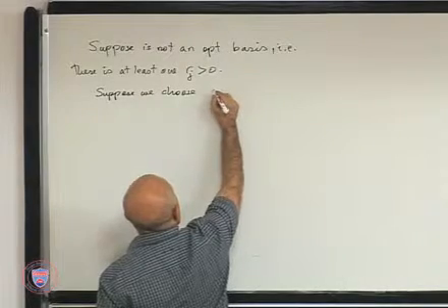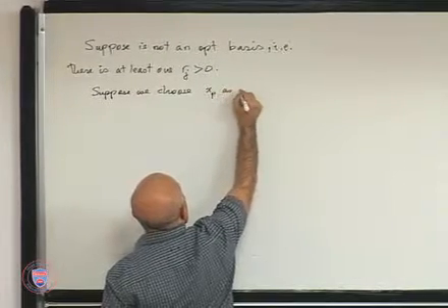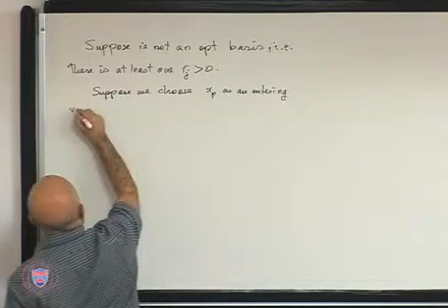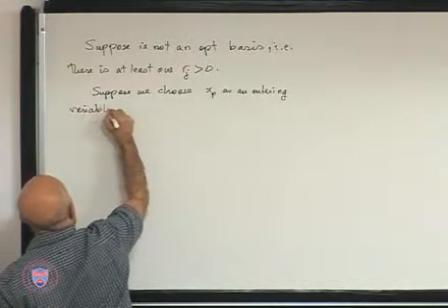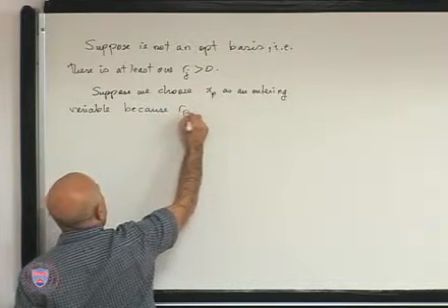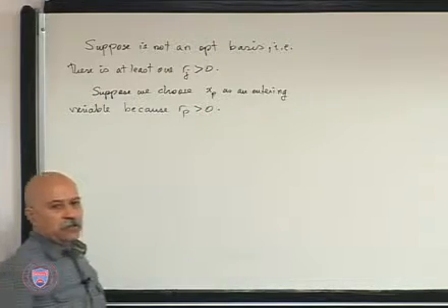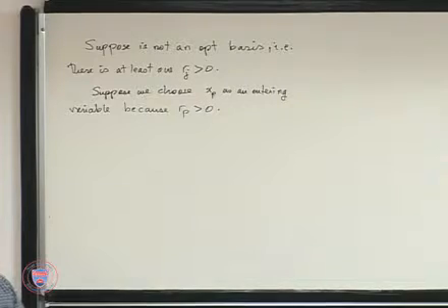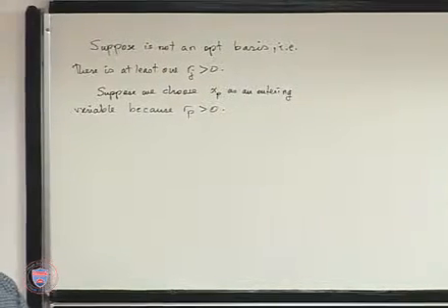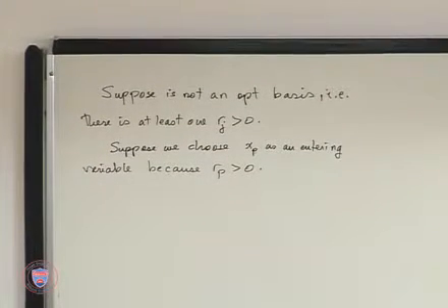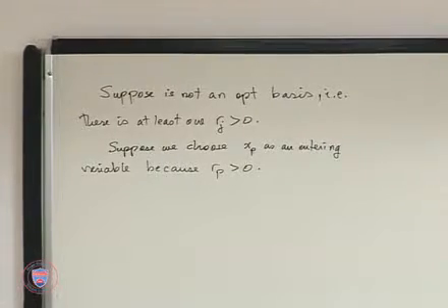Suppose we choose xp as an entering variable, because we know that its reduced cost is positive, okay? And I mentioned this a number of times. Traditionally, people are tempted to choose the most positive one for minimization, but it could be any positive Rj also.